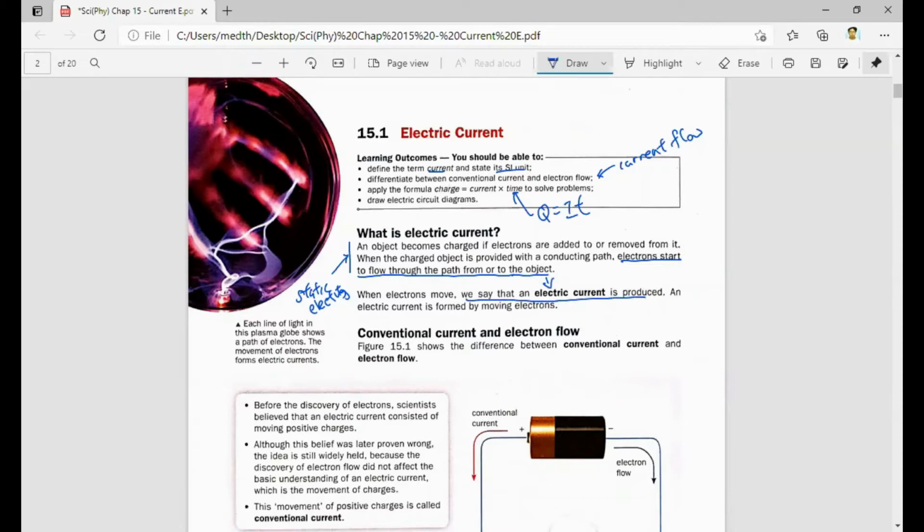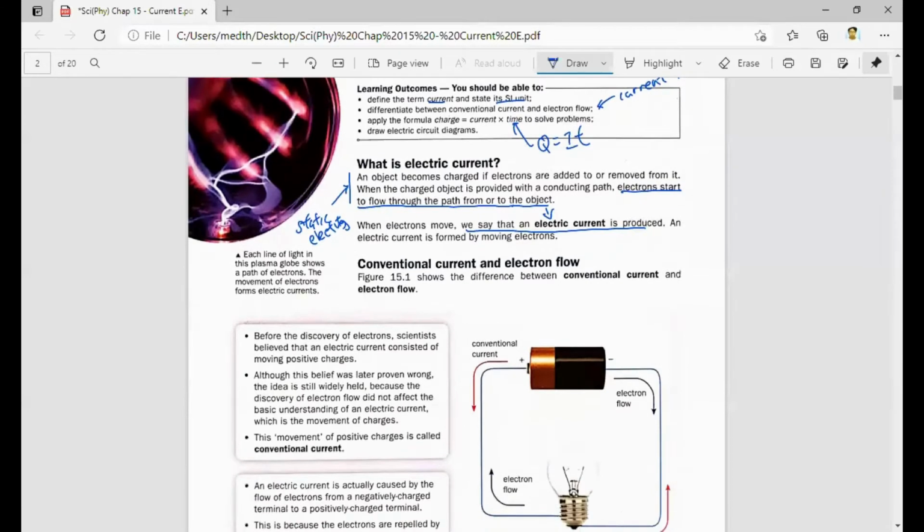When a charged object is provided a conducting path, electrons will start to move and flow, and when it starts to move and flow, we say that electric current is produced. So when charges move, that is when we say a current is produced. Charge move equals current flow.